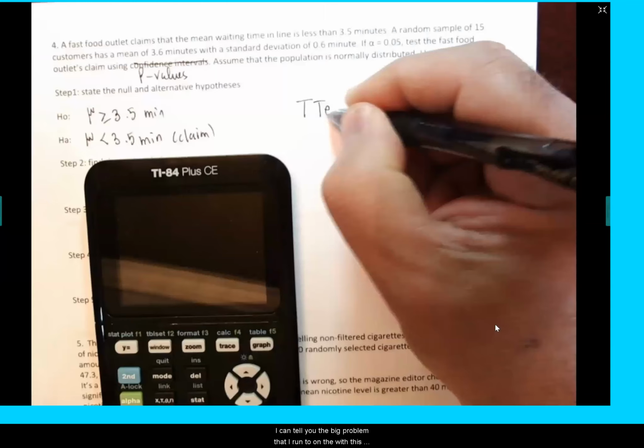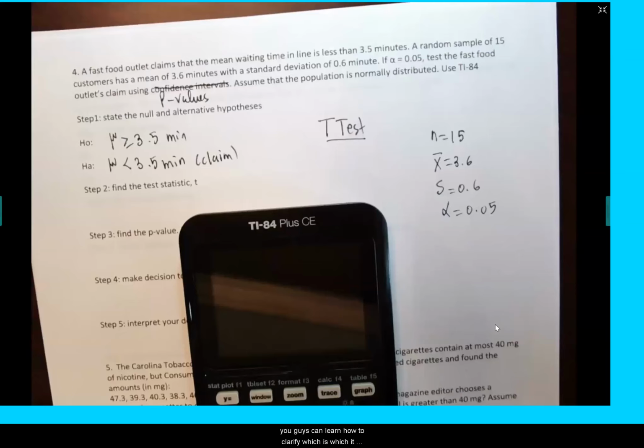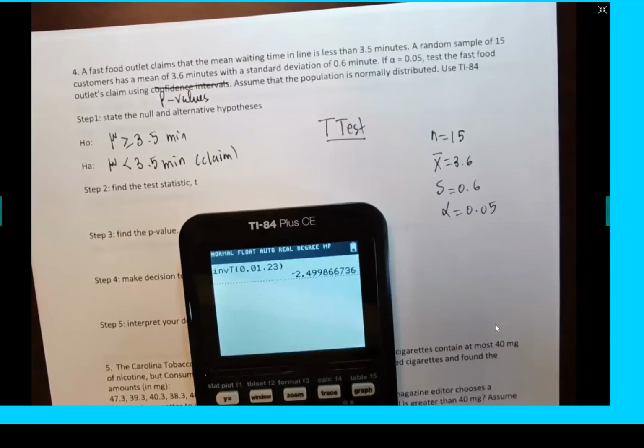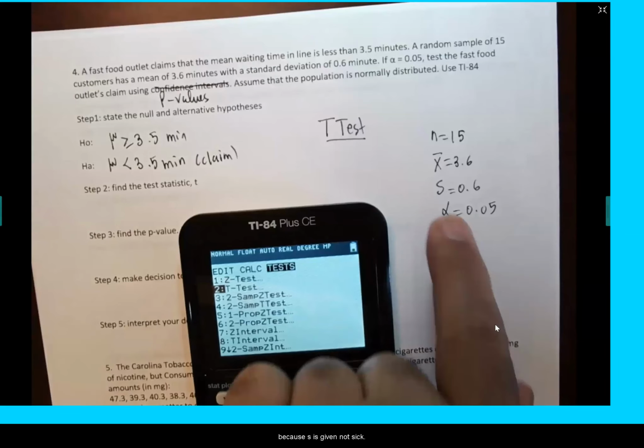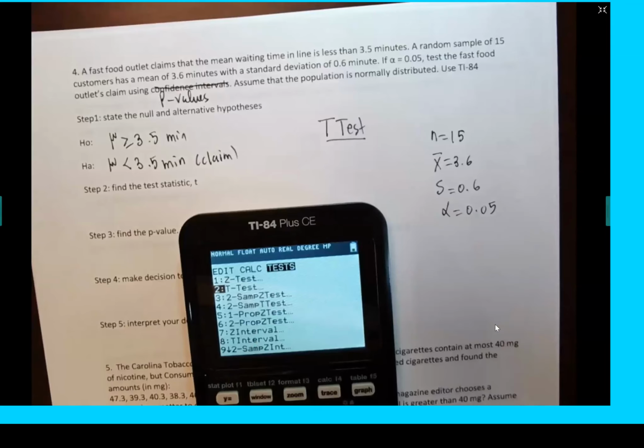I can tell you the big problem that I run into with this one is students confuse the z-test with the t-test. If you guys can learn how to clarify which is which, you shouldn't have any problems. So stat, tests, and then it's a t-test. Why a t-test, guys? Because s is given, not sigma. Mu0 is 3.5.